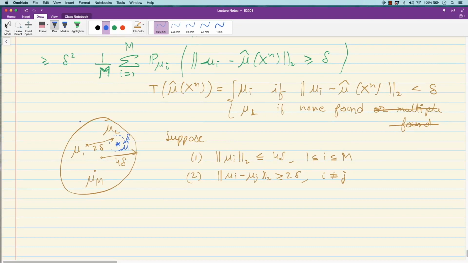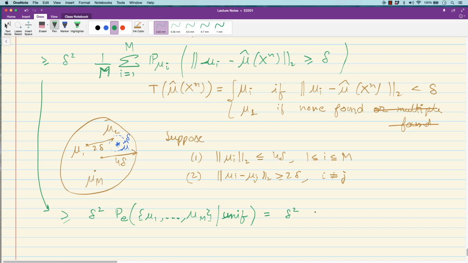So with this rule, this quantity is basically delta square times the probability of error for this hypothesis testing problem on mu1 to mu m. You want to check which is the true parameter, with a uniform prior. This is some notation that I'm using. Now, for this probability of error, how do we derive a lower bound? I'll write it another way.